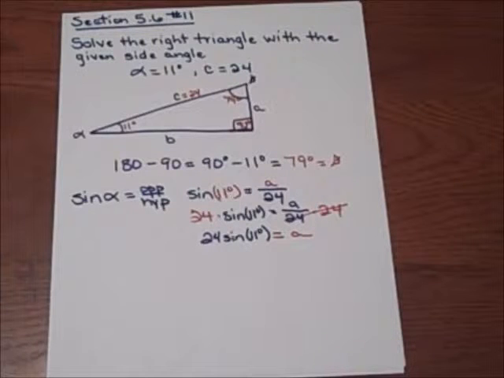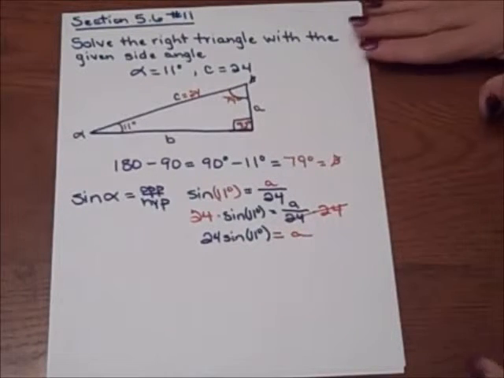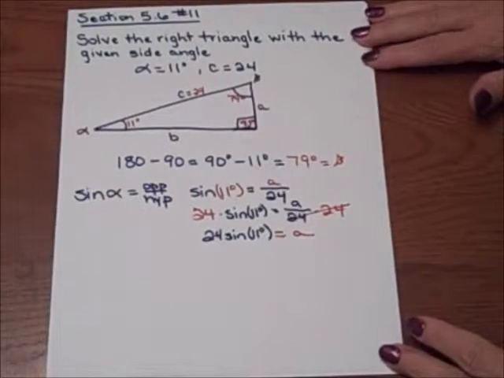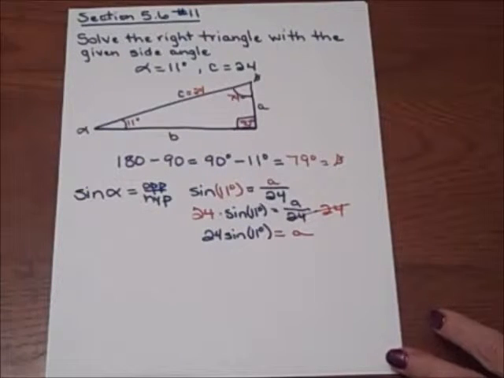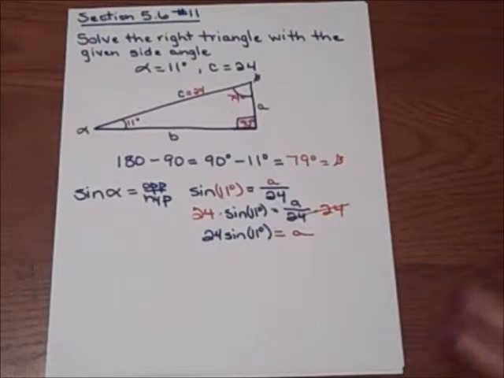Now, at this point, you just take your calculator, plug in the information that you know, and you will find A. Be sure that your calculator is set to solve for degrees, because that is what we're working with.